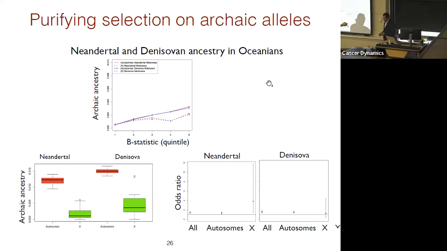I guess the first question is about FOXP2. From what I understand, this is about the case for positive selection on the FOXP2 locus and its role in language evolution. Yeah, I think that was pretty much debunked later on.